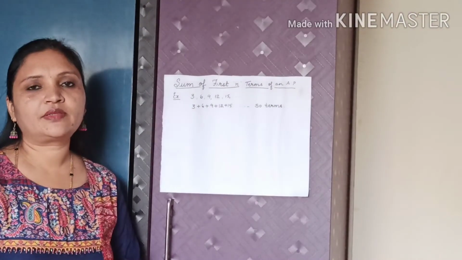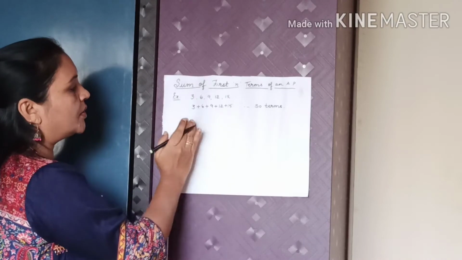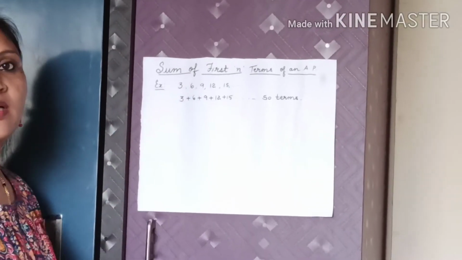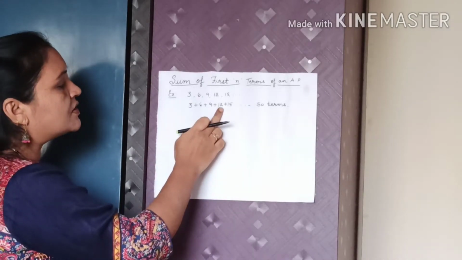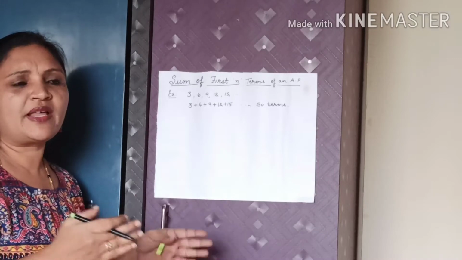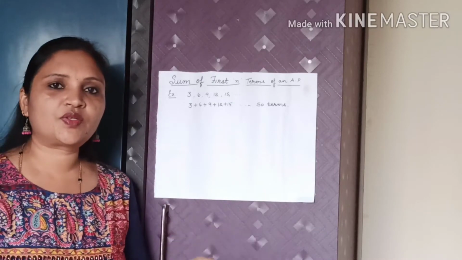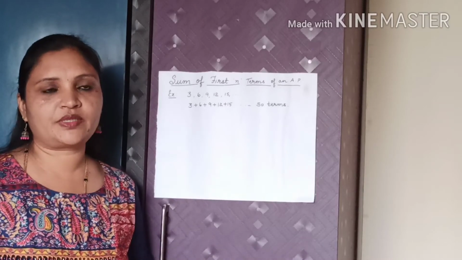Then how to find it? It is very difficult to go on adding the numbers. For example, 3 plus 6 is 9, 9 plus 9 is 18, 18 plus 12 is 30, 30 plus 15 is 45. Like that it is time consuming. We don't have such time to add all 50 numbers.